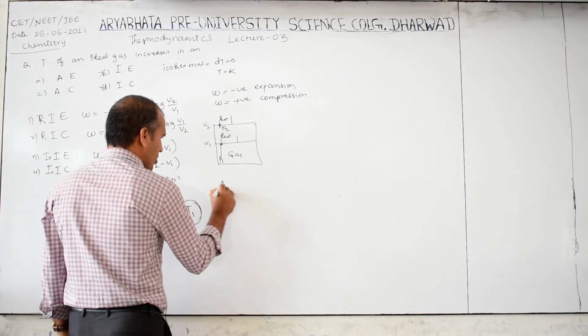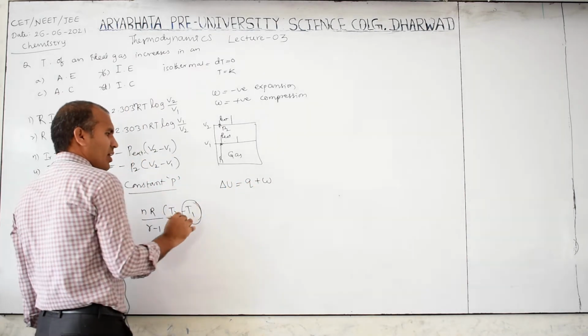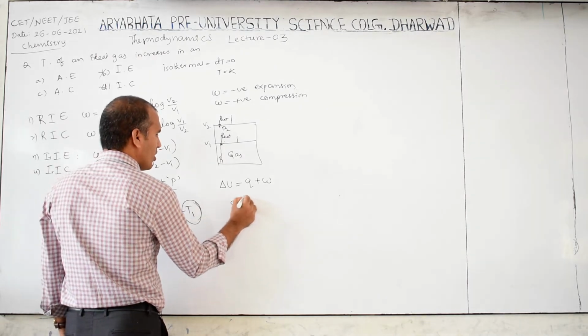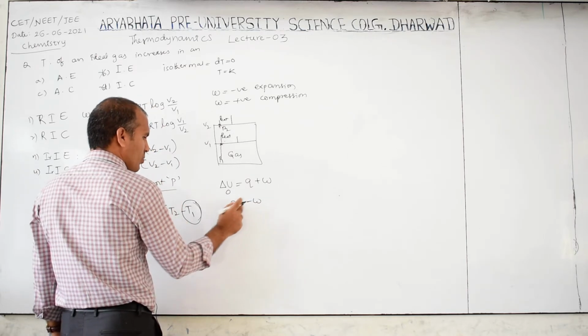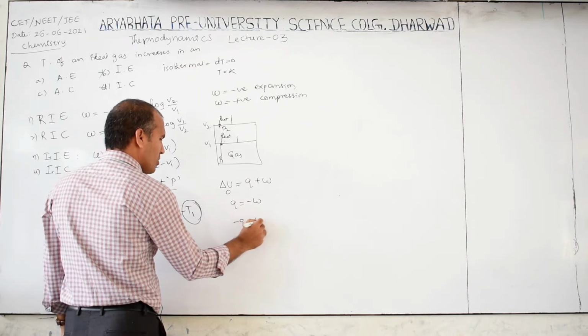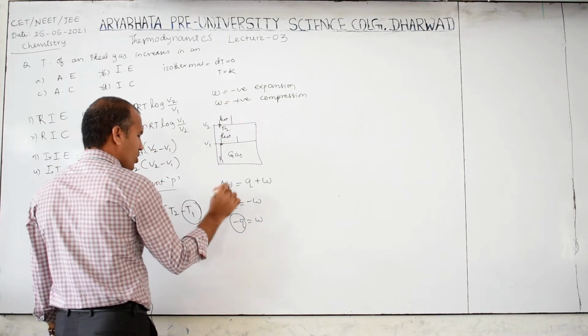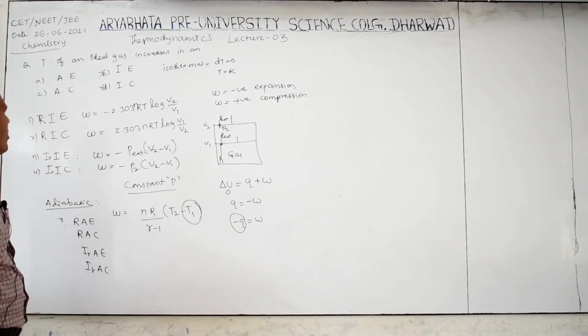According to the first law of thermodynamics, delta U is equal to Q plus W. When internal energy change is 0, therefore Q is equal to minus W. If W is positive, then Q will be negative. So compression means W positive, Q will be negative. But we want the case in which the temperature of an ideal gas increases.